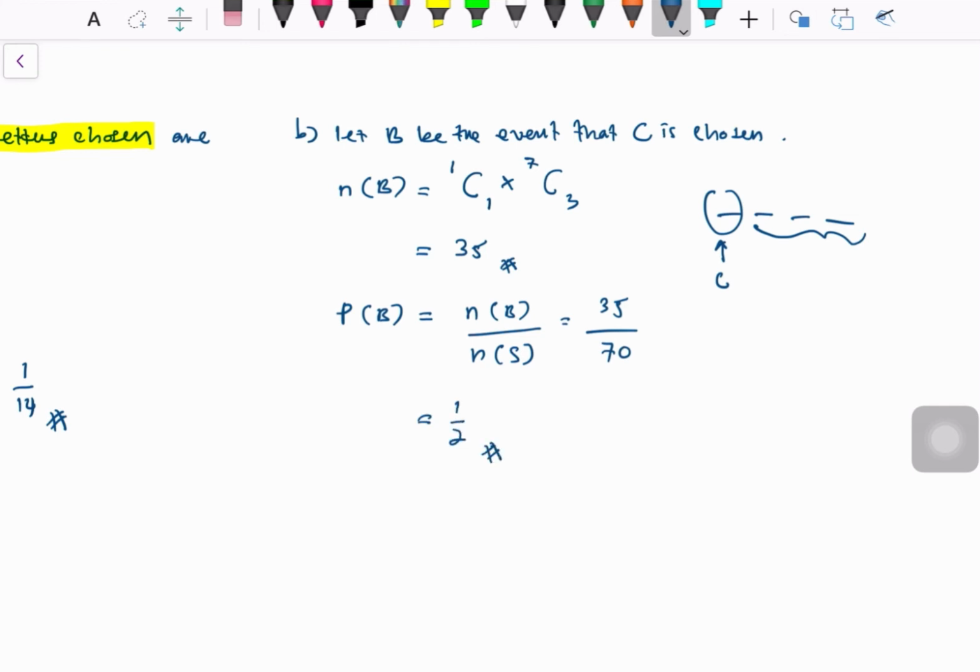So the probability that C is chosen out of 4 letters is one half.